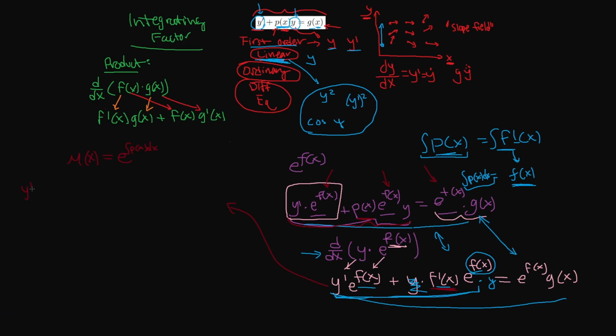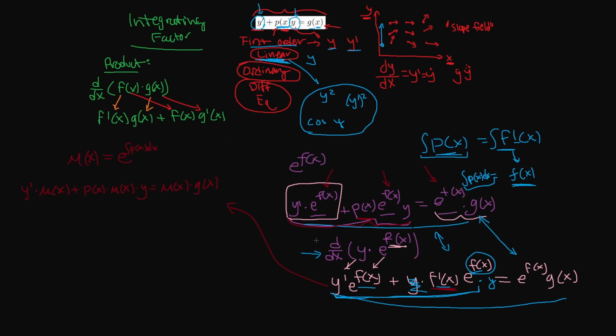So we have y prime times mu of x plus, and now we have p of x times mu of x times y is equal to mu of x times g of x. So this looks way more complicated than our original, right?